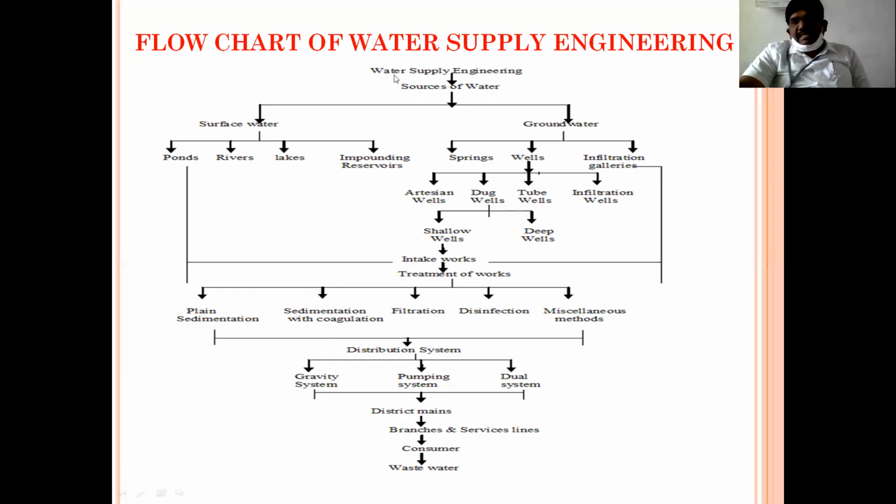Here, the first title, we learned water supply engineering. There, as an introduction part, we have discussed the necessity of protected water supply, objectives of protected water supply, and if water is not being treated properly, if water is not protected well, what are all the consequences which may spread in the name of water diseases, we learn.